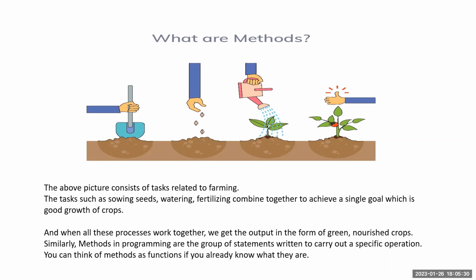Anybody can reuse this, and they don't need to rewrite that code again and make it a duplicate, because we already have these methods defined. Then you can reutilize them.